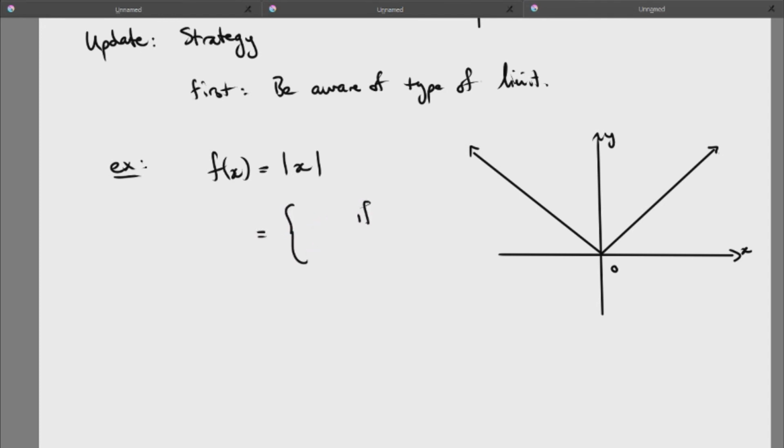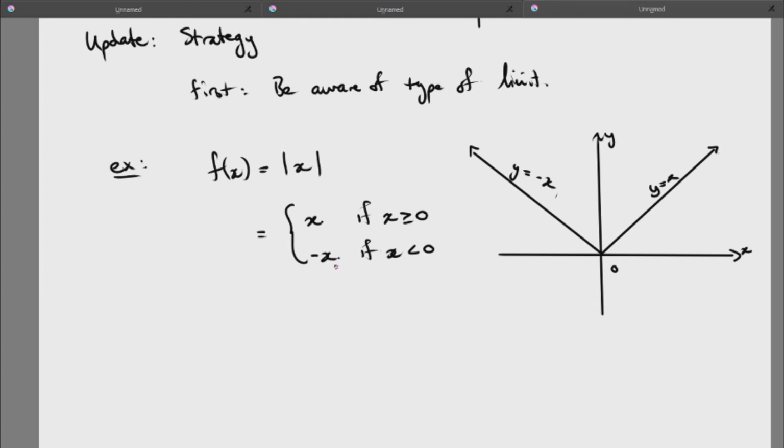This is two different functions: one if x is greater than or equal to 0, and another if x is negative. You can see the two straight lines are not the same thing. If x is greater than or equal to 0, so I'm looking at the right half, then it's the line y equals x. And the other guy is the line y equals negative x. So I'm really putting two pieces together.